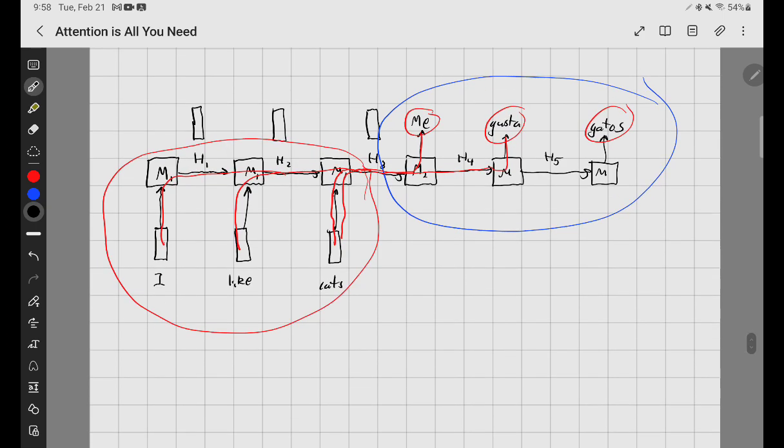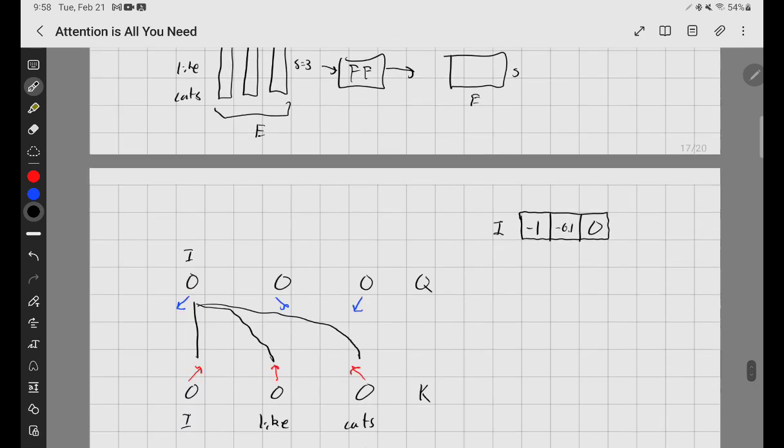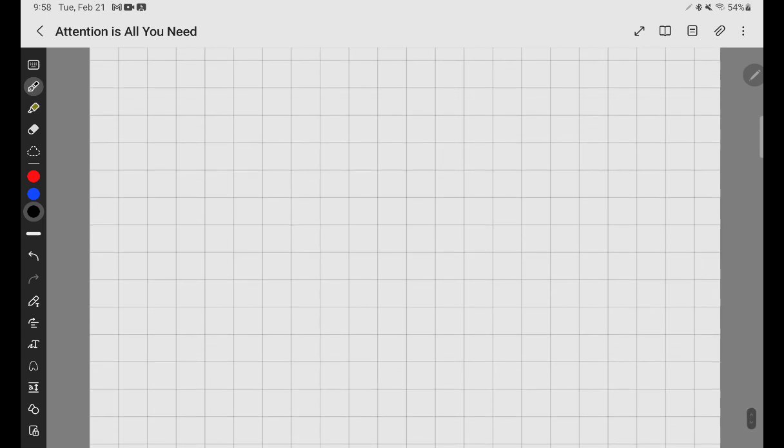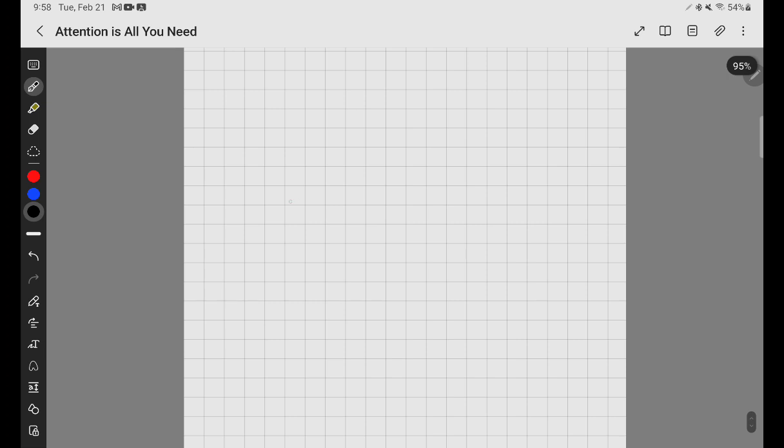The attention mechanism is going to do that. And the way it works is, I'm going to abstract it a little bit over here. So you have this encoder, and then you have this decoder. I'm going to make it larger, but it'll just be easier for me to draw.